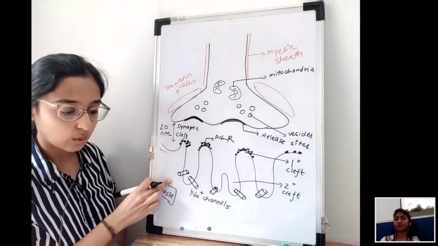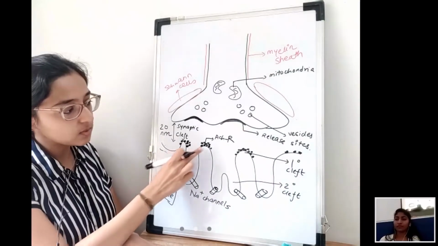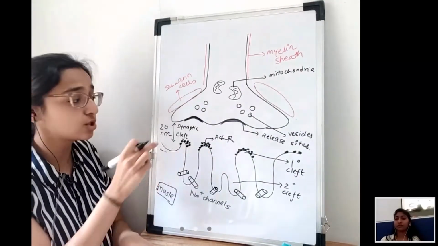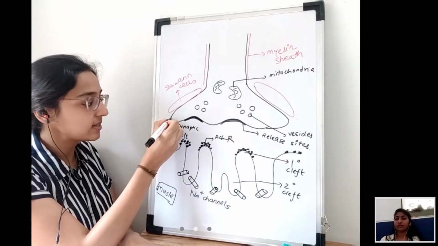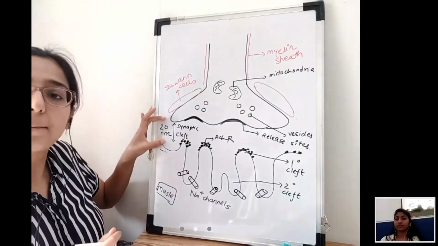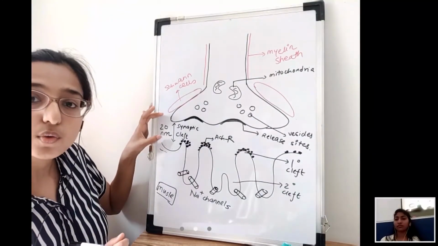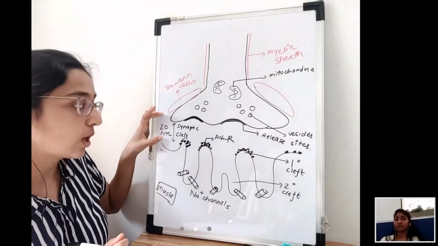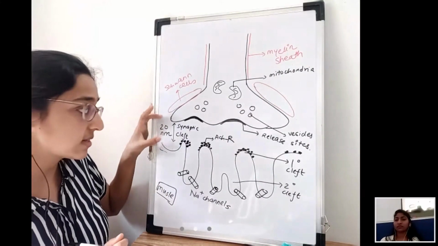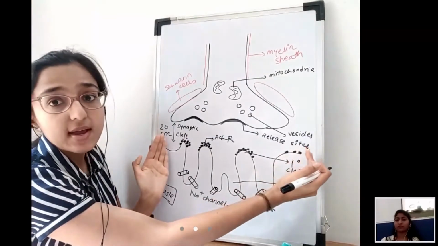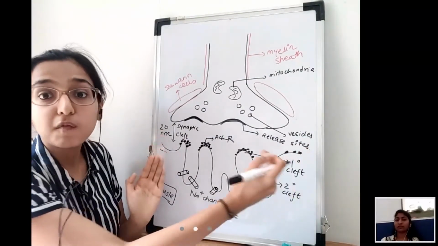Yeah. Okay. So now these acetylcholine receptors, how many receptors are there in each junctional cleft? This is known as synaptic cleft because this is a synapse, right? So it's known as synaptic cleft or neuromuscular junctional cleft. Each cleft size is 20 nanometers. Each cleft is having how many receptors? 5 million.